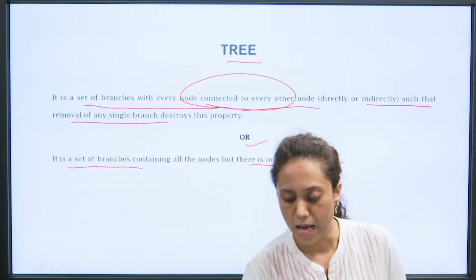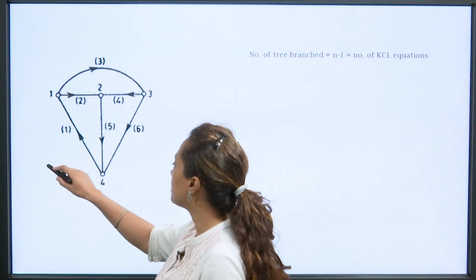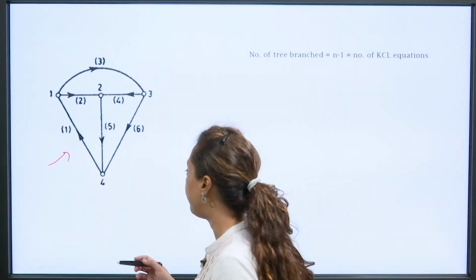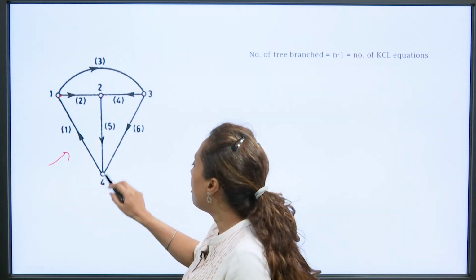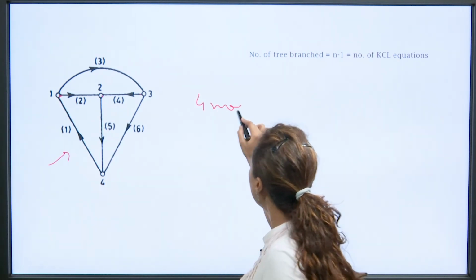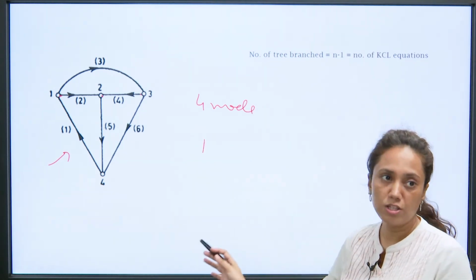We will see with an example. We will just take the previous example. This is the graph which we have taken from the network. So, we have 1, 2, 3 and 4 nodes. For a tree, one node should be connected with all the 3 nodes, right.